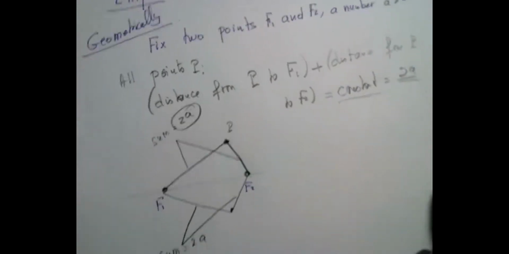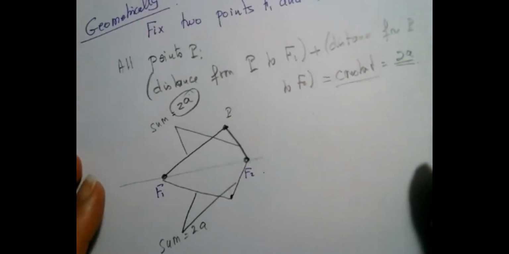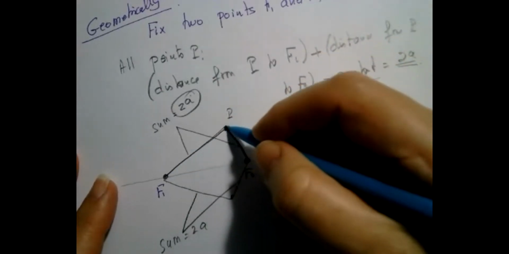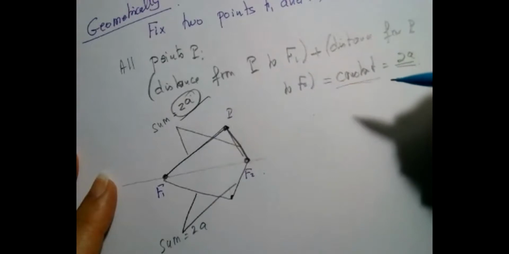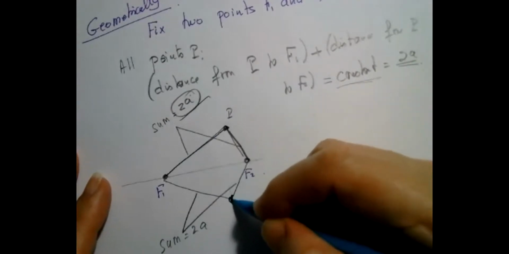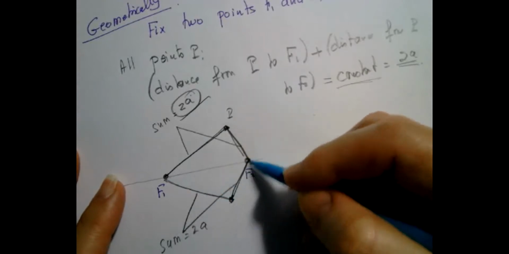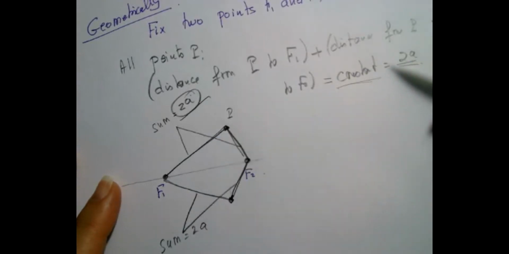So the top point is the point P, and from here to here is a fixed number. This point is also on the ellipse, the one totally symmetric to it, because by symmetry, the sum is the same as the sum above.